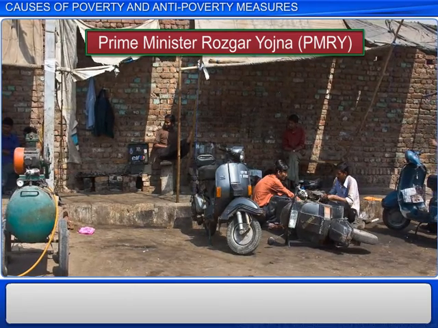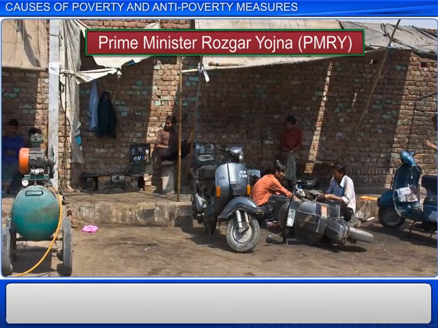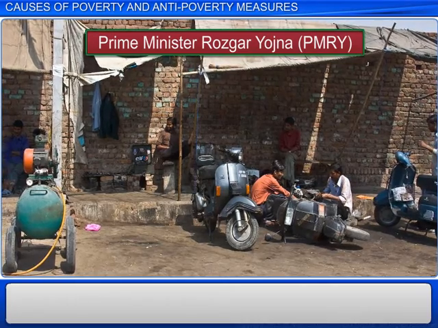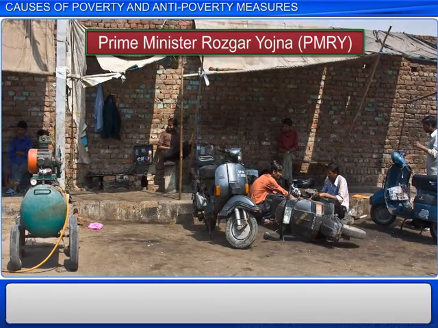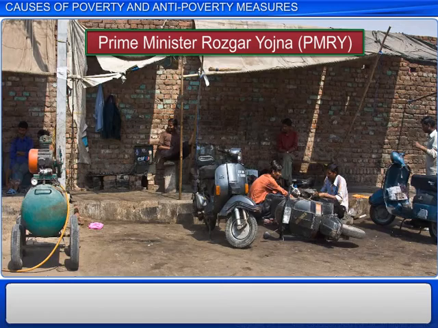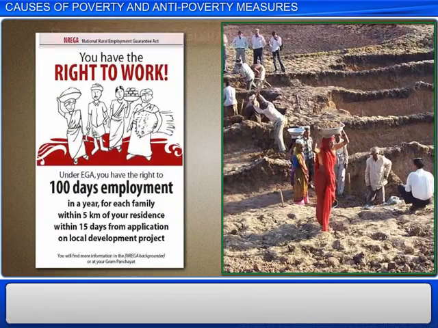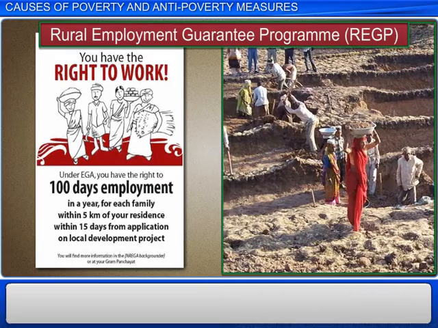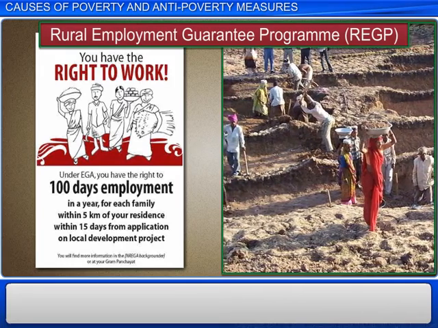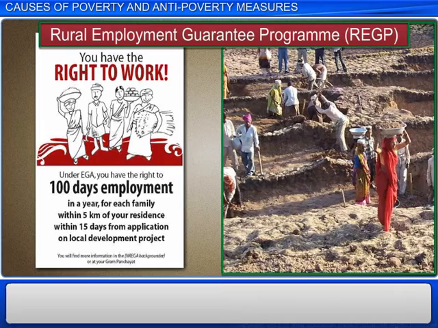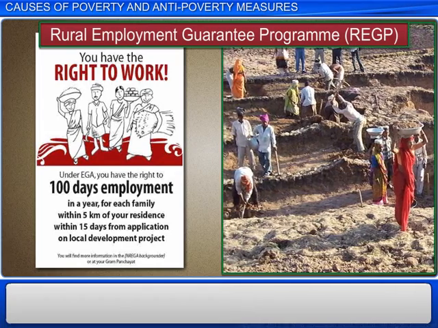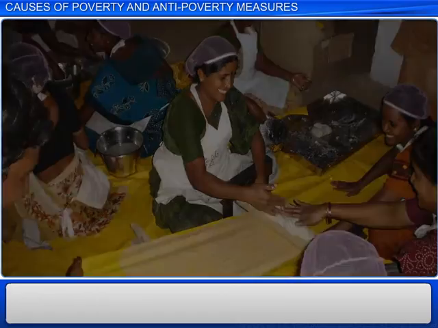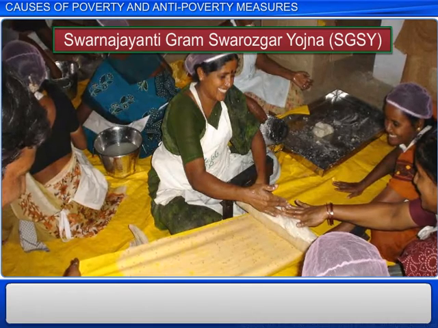The Rural Employment Guarantee Program, launched in 1995, also aims to generate self-employment opportunities in rural areas and small towns. The Swarna Jayanti Gram Swarozgar Yojana, started in 1999, aims at organizing poor families into self-help groups and providing them bank loans and government subsidies to start small businesses and industries.